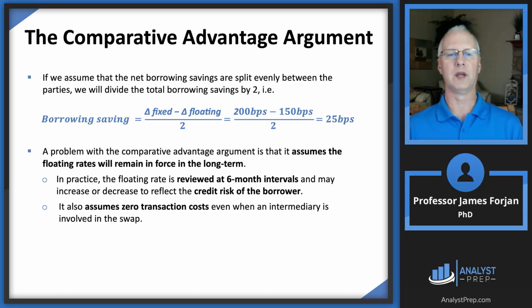Now, this comparative advantage argument assumes that the floating rates will remain over the long term. Of course, floating rate is observed at 6-month intervals and may increase or decrease to reflect the credit risk of the borrower. And another problem is there are zero transaction costs here.